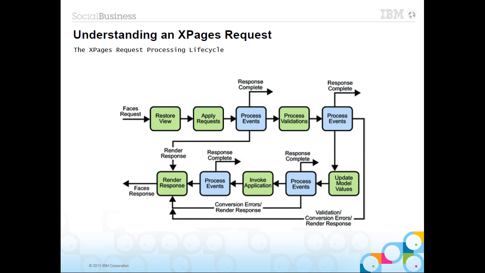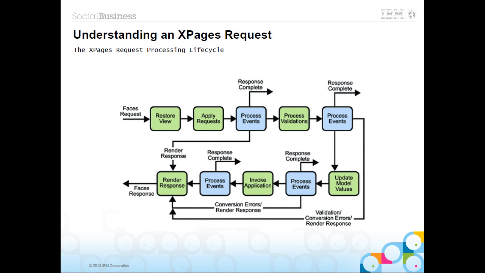You have now been introduced to the XPages Request Processing Lifecycle. In particular, you have seen how it deals with two types of HTTP request, namely the GET and the POST type HTTP requests. And as described earlier, the XPages Request Processing Lifecycle sits at the core of any given request or response.